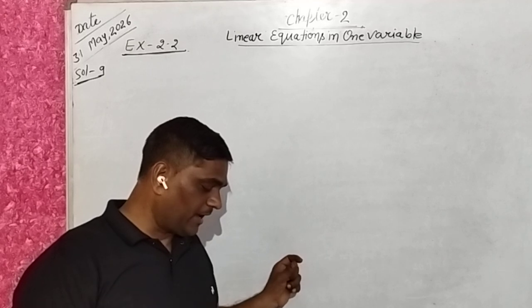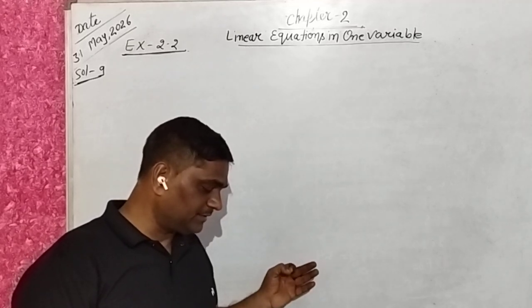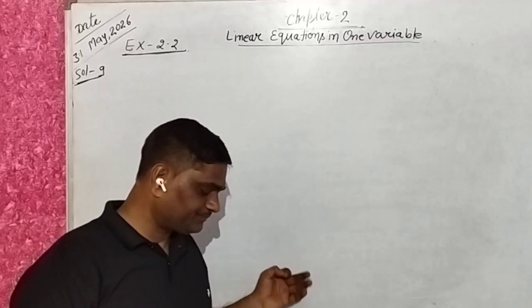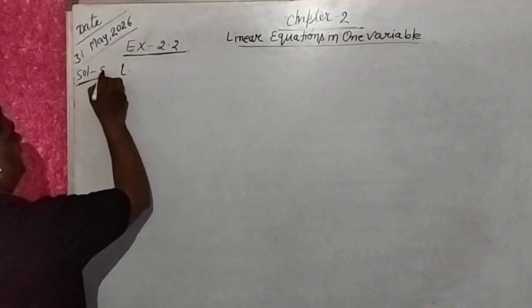First of all, you have been given that the ratio of Rahul and Harun's ages is 5:7.